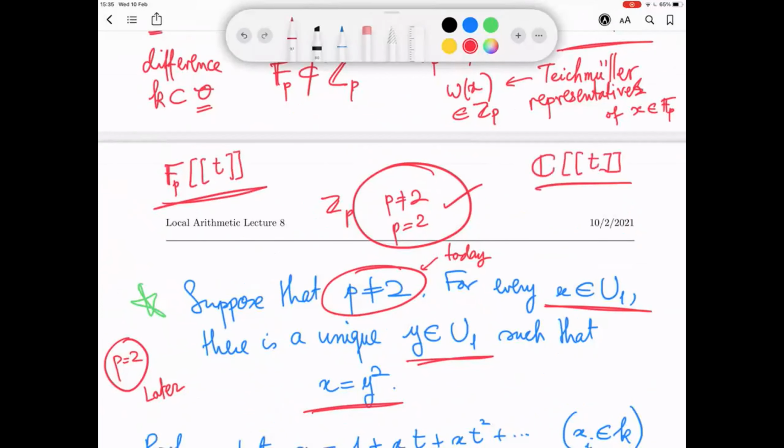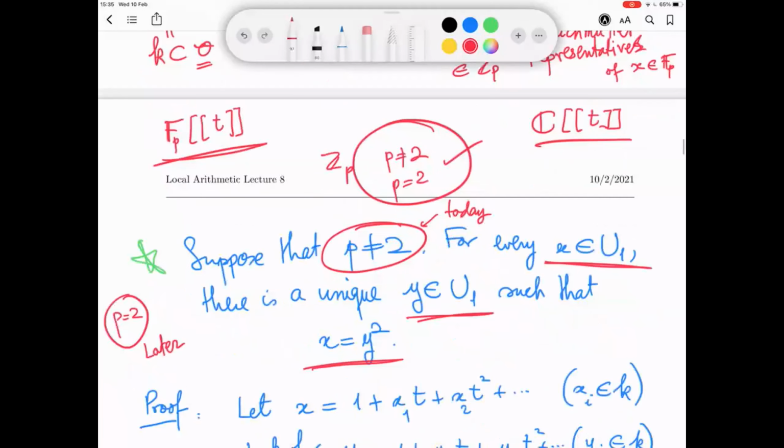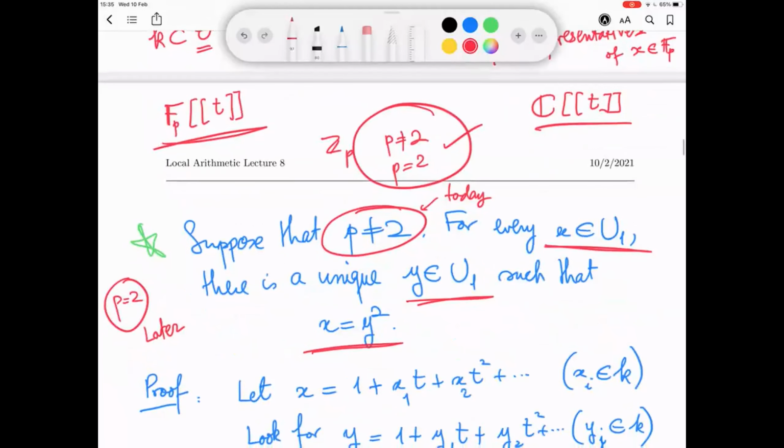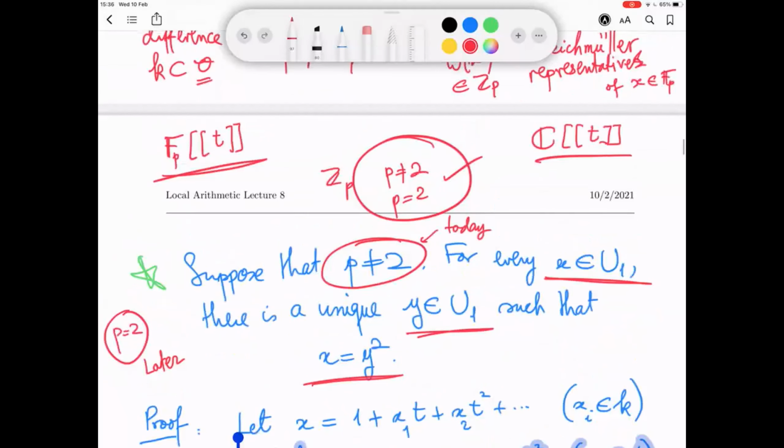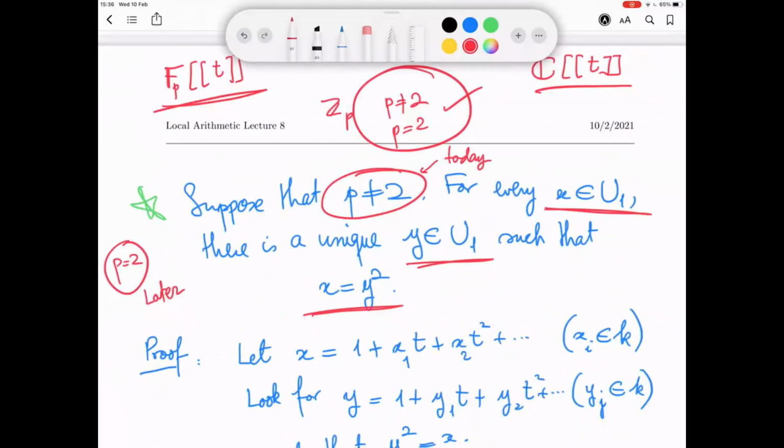Someone was asking why you are choosing Fp, not any field. Well, the real answer is that some of the things might work, but you can try to do what you feel like doing, except that you might not have all the properties.